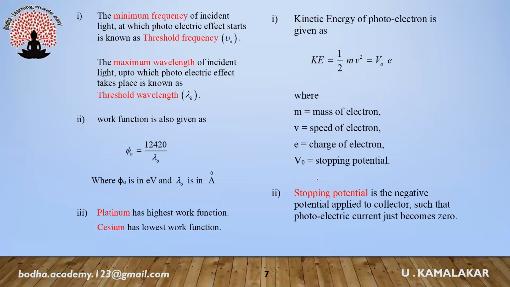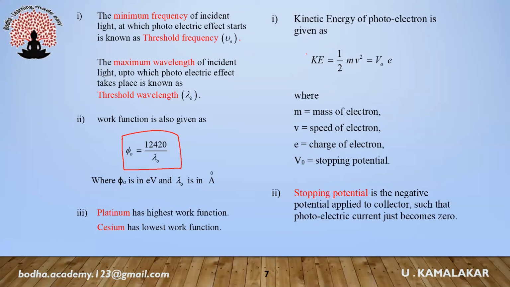The maximum wavelength of incident light up to which photoelectric effect takes place is known as threshold wavelength. Work function is also given as φ0 = 12,420 by λ0, where φ0 is in electron volt and λ0 is in angstroms. Platinum has the highest work function and cesium has the lowest work function.